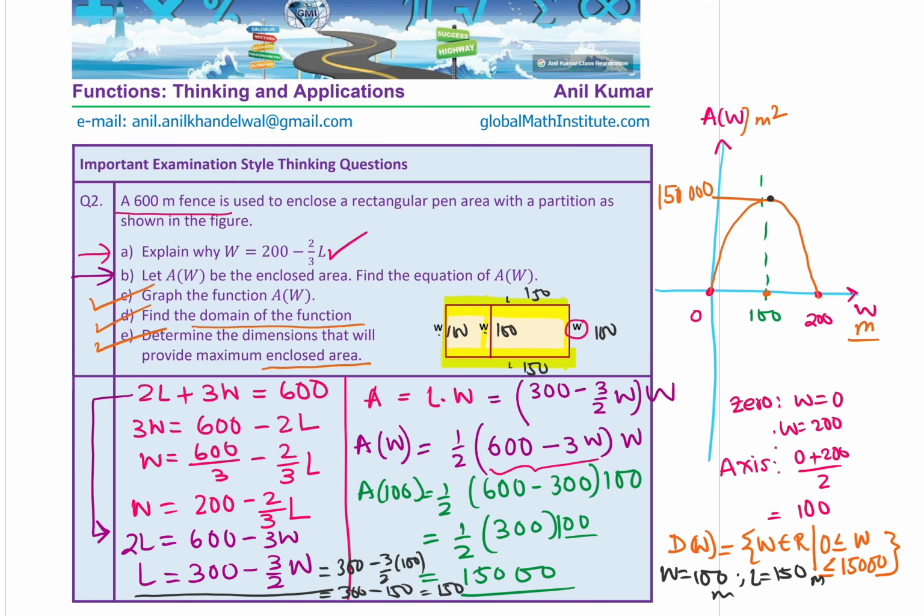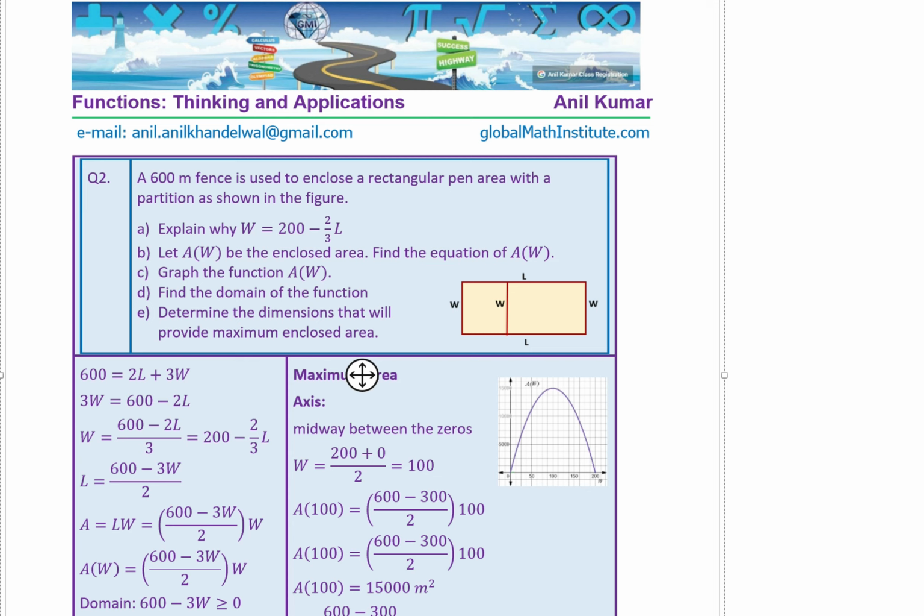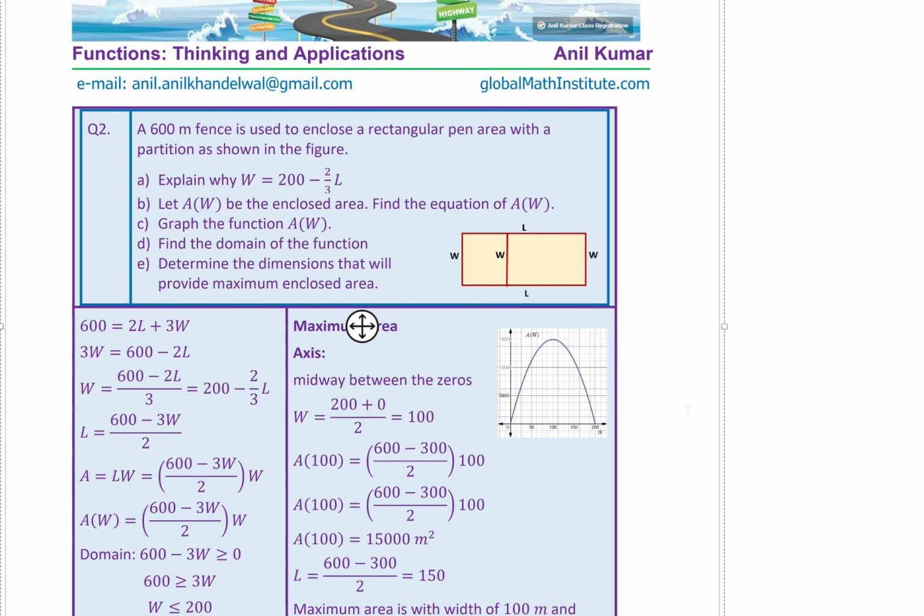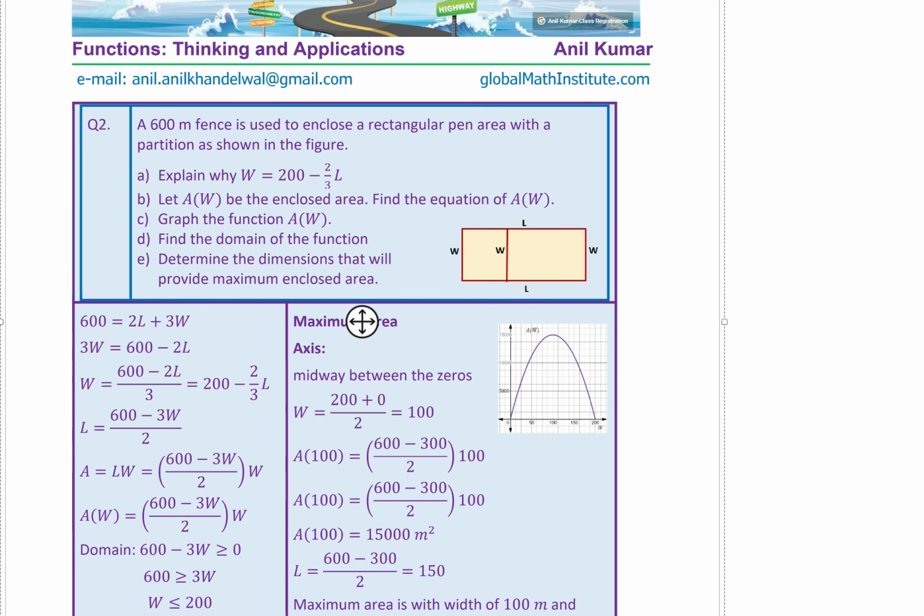Perfect. So let's have a neat look at the solution. Here is the solution before you, the same question, the way we did. Basically, we start with the perimeter, which is 600, the sum of 2 lengths and 3 widths, right?